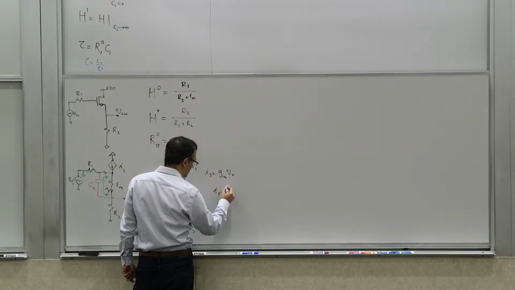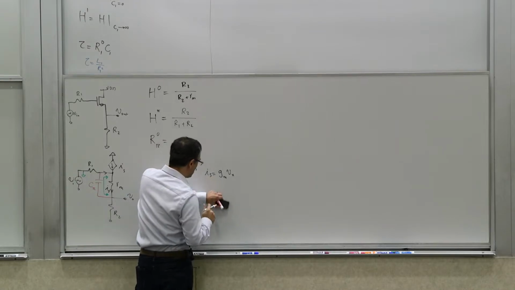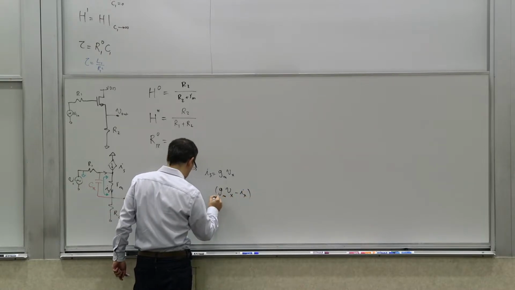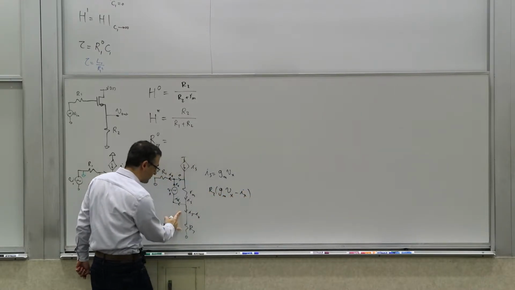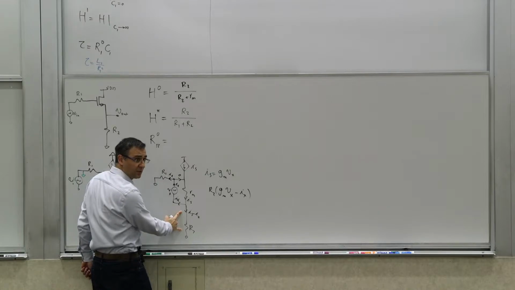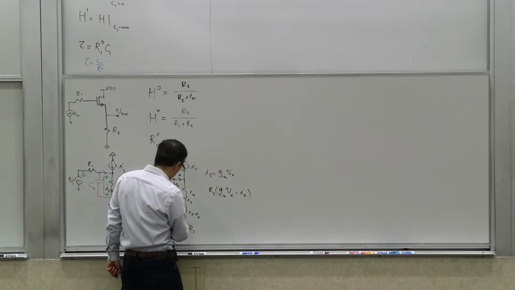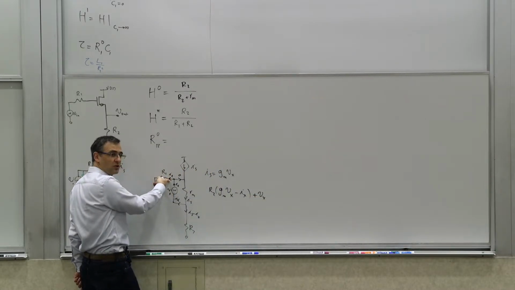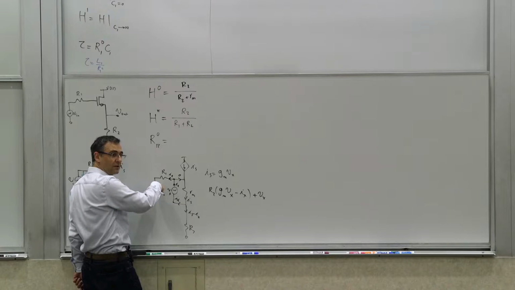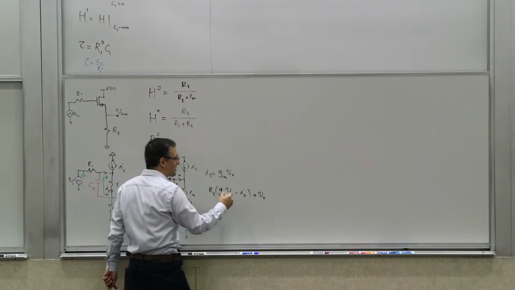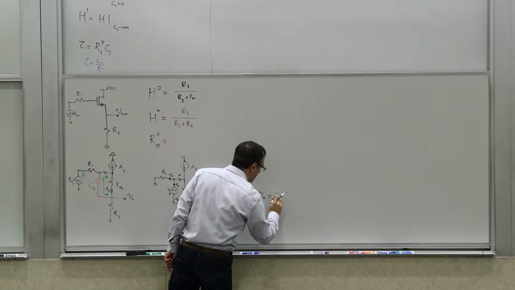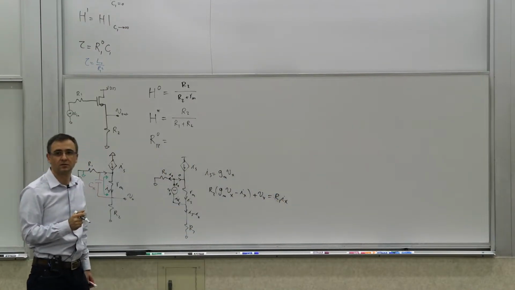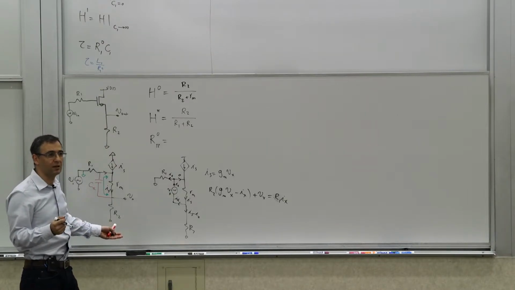Is minus Ix, which is basically Gm Vx minus Ix, times R2. So it's that voltage. Do you agree that's the voltage across the resistor R2? That voltage plus this voltage, plus the Vx itself, is going to be this voltage, because this is also connected to ground, right? But that voltage is Ix times R1, or R1 Ix, right? It's a very simple KVL I've written around here.